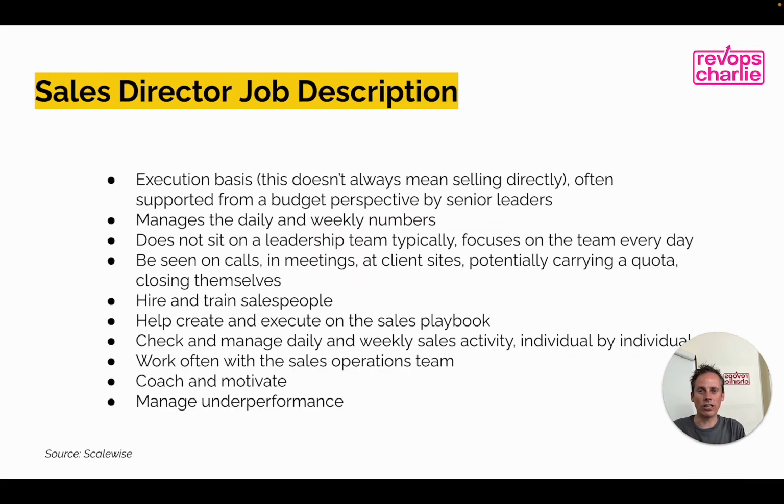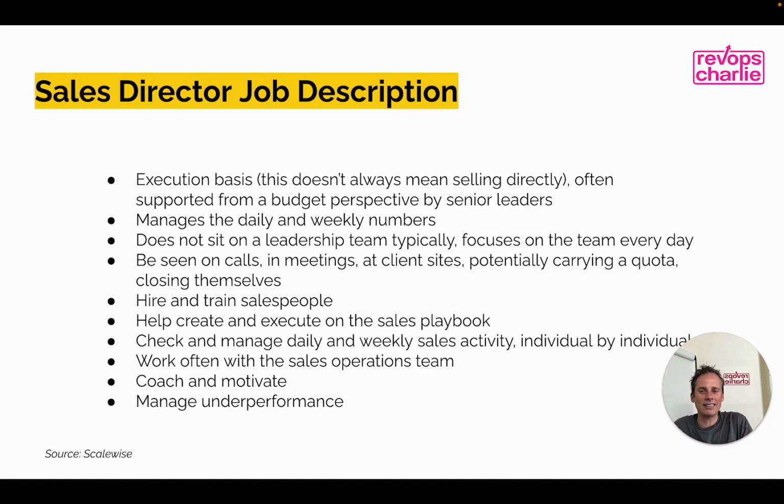So in the ScaleWise report, they do a lovely job of providing you with some descriptions of these two roles. So let's look at this sales director role. Now, don't worry too much about the name. You might call it a VP of sales in order to try and attract a higher quality of candidate.